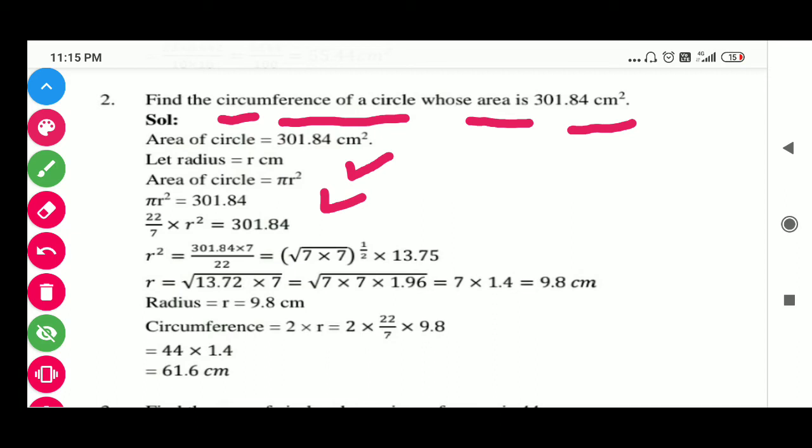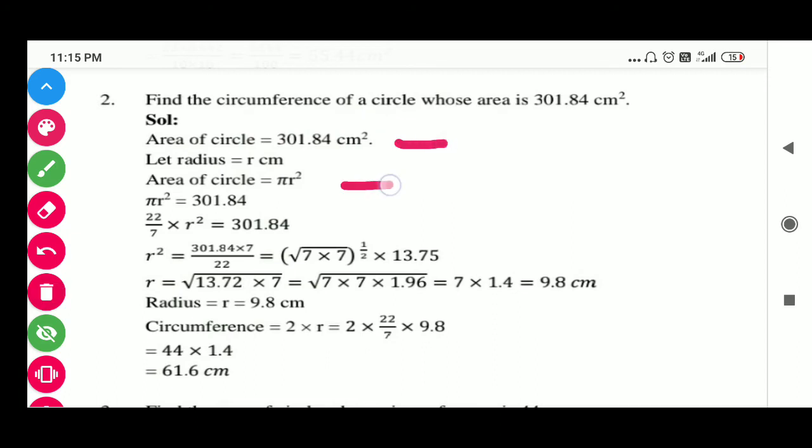Now by using the first and second we get, pi is 22 over 7. By doing the cross multiplication we get 301.84 multiplied with 7 divided by 22.